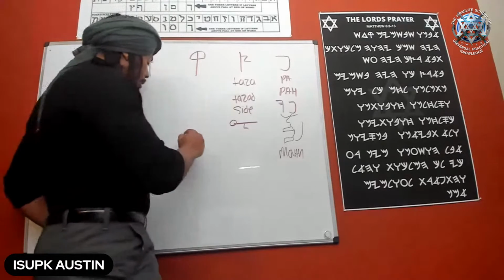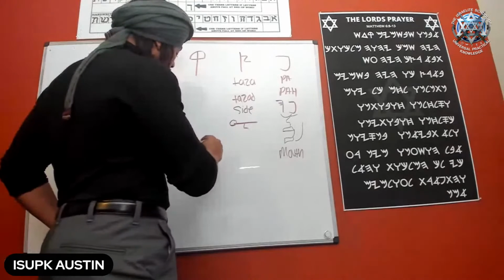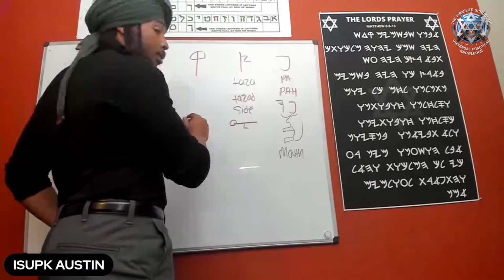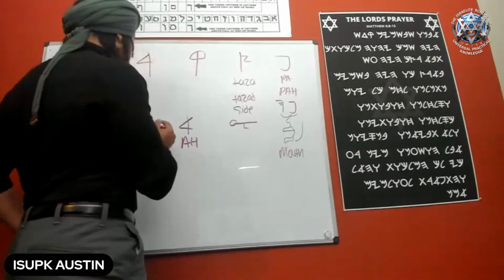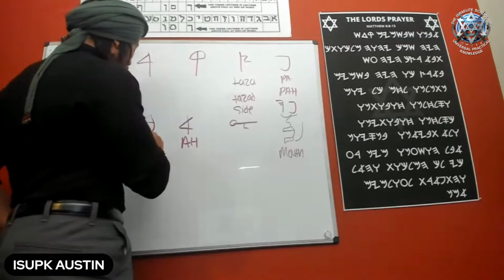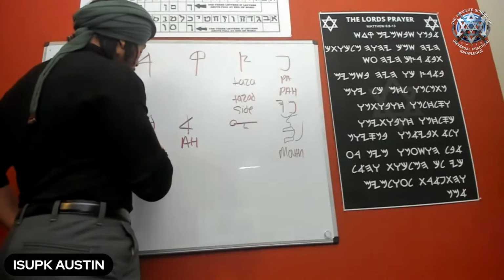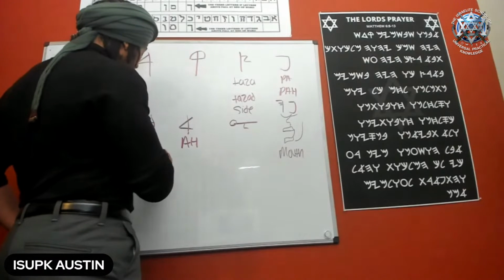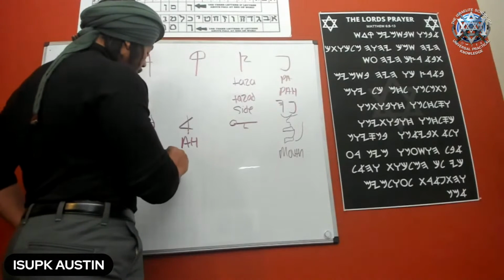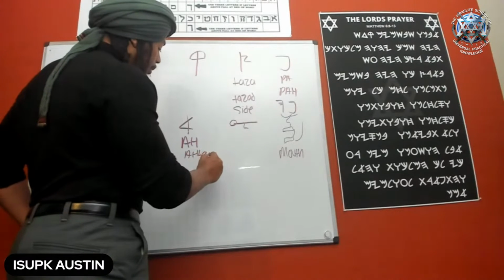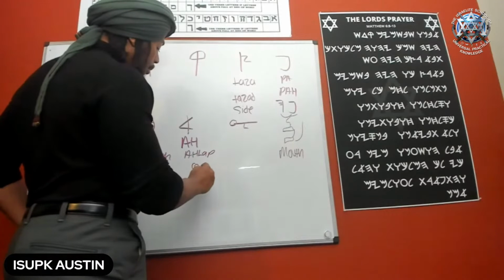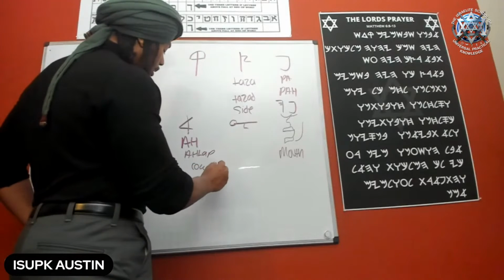We said we had, you know, which was what? And we had a cattle, right? Then we had Ba, right? Which comes from Bayah, and this one comes from Alap, right? Which was what? Cow or ox.